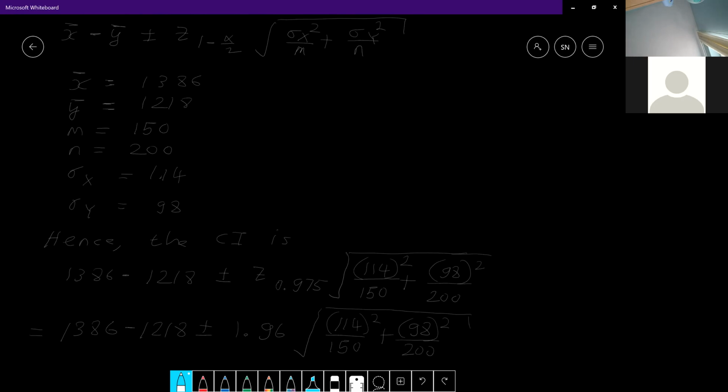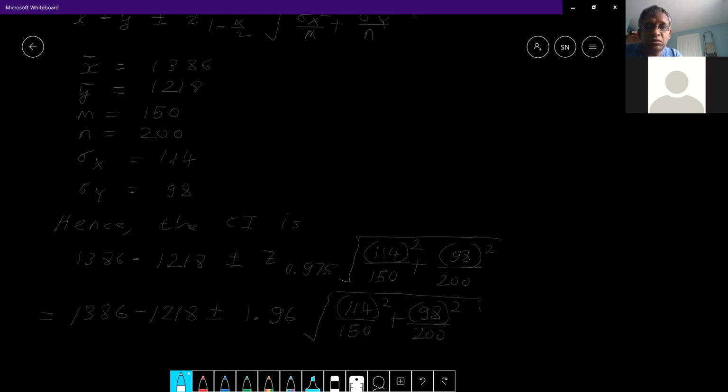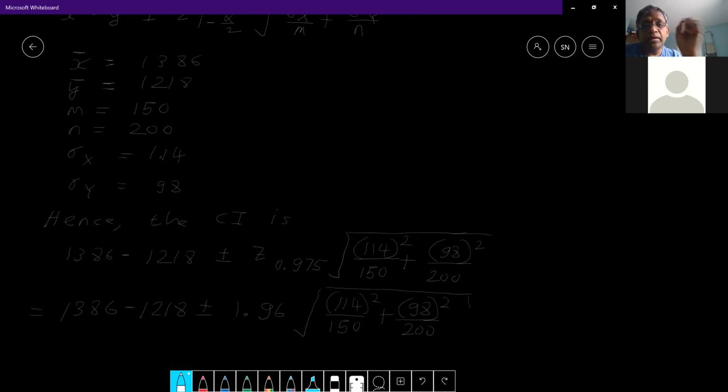So this is the 95% confidence interval for the first part of question 2. If you have a calculator, you should be able to work it out. And part 2 is similar to the previous question that I did 1 minute ago, so you should be able to do that by yourself.